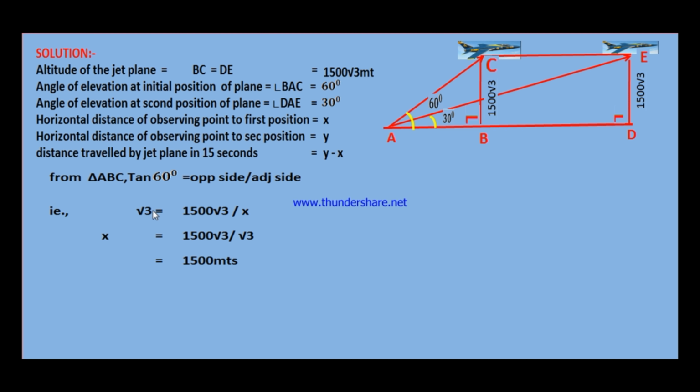Tan 60 value is root 3. Opposite side is 1500 root 3 by AB, whose value is x. Or x is equal to 1500 root 3 by root 3, and root 3 will be cancelled. Final x value is 1500 meters. That is, the distance between the observing point and the first position of the plane is 1500 meters.